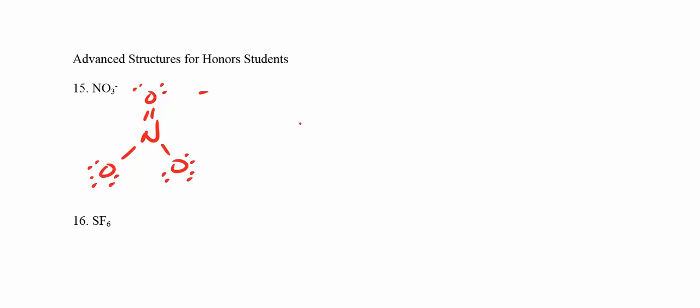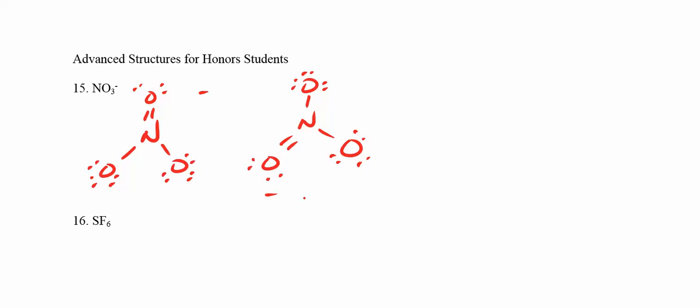So I'm going to do this. I'm going to put a nitrogen here. I'm going to put this oxygen here and put 2, 4, 6 electrons around there. I'm going to have an oxygen here, two pairs of electrons there, and then I'm going to have this right here, 2, 4, 6 electrons, just like that. And then I'm going to put the negative sign right here.